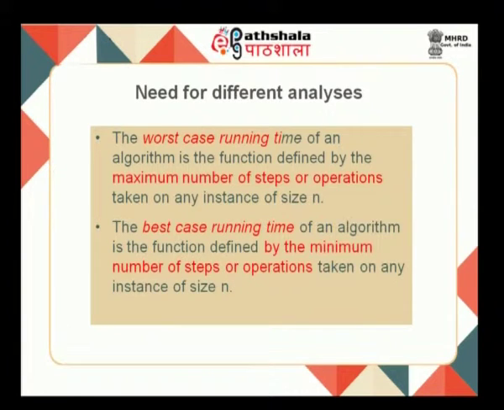The next scenario is called the best case running time. The best case runtime is defined as the minimum number of steps or operations that are taken by the algorithm to solve a problem of instance size n.